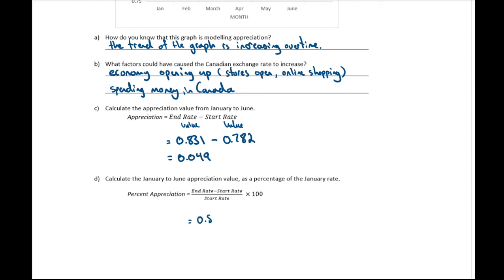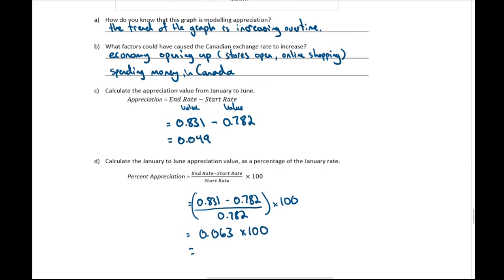So the 0.831 minus 0.782 divided by the start rate, and then we're going to take that first and multiply it by 100. So we're going to figure this out first and then multiply it by 100. When we do this calculation and divide, we should get 0.063 times 100. So we get 6.3%.